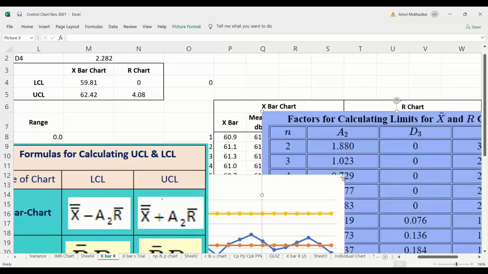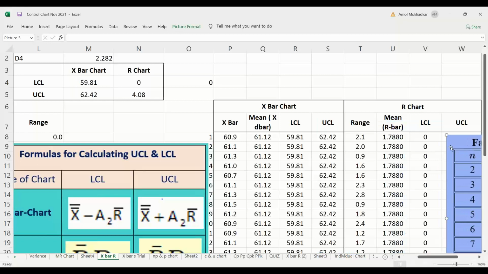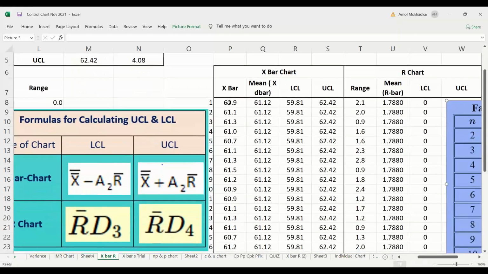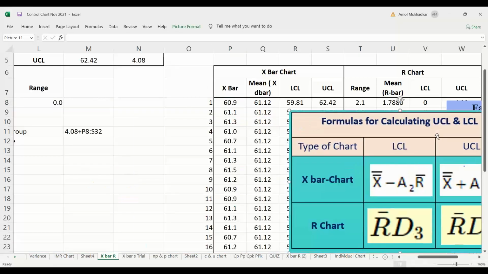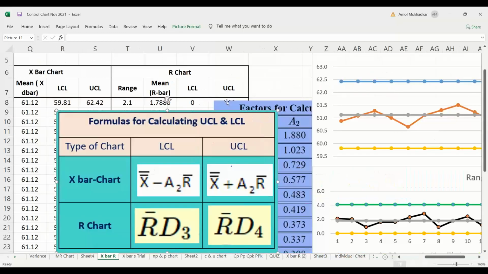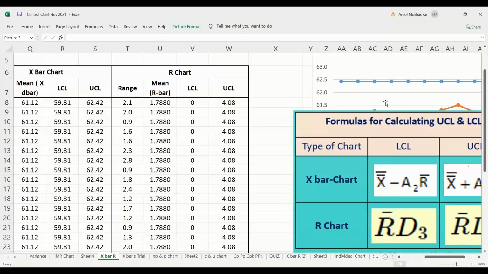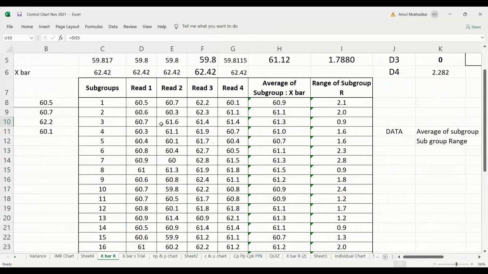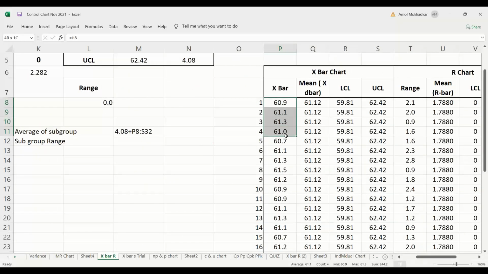Just a minute, let me keep it away. So this is the data, I have already kept it here. The average I have directly taken from here. These average values, 60.9, 60.9, 61.1, 61.3, I have kept at one place for betterment.